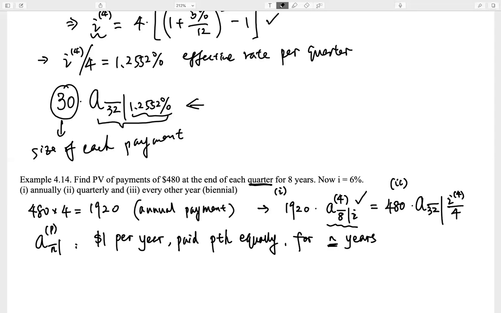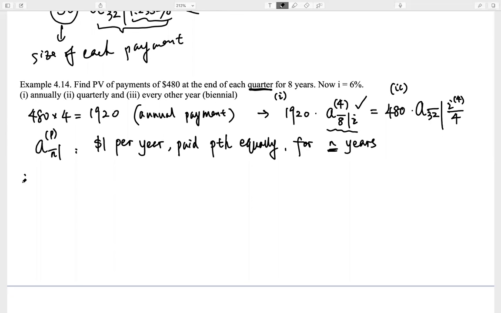What's interesting is you can actually match to anything you want. The last one is every other year, meaning there's one every 2 years. That's interesting. That's because you can actually do this. Let me show you the last case.